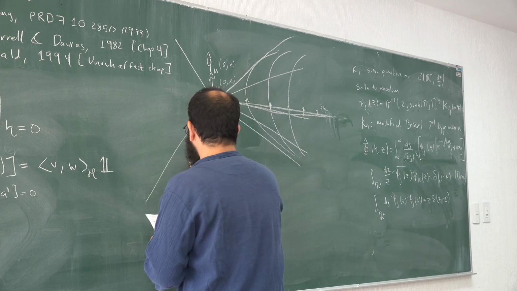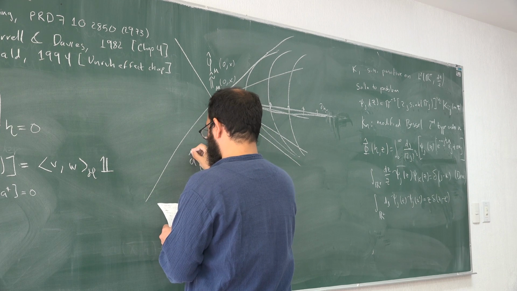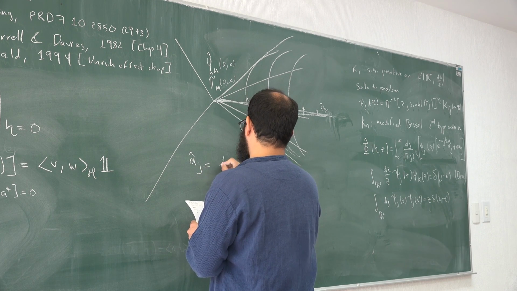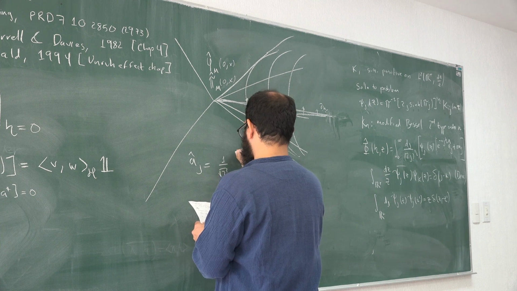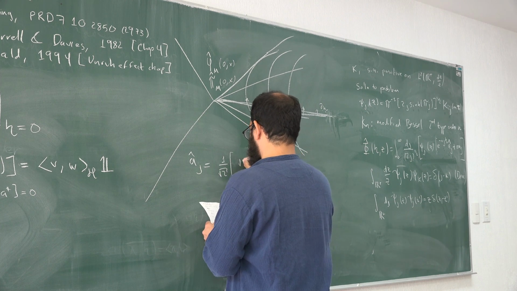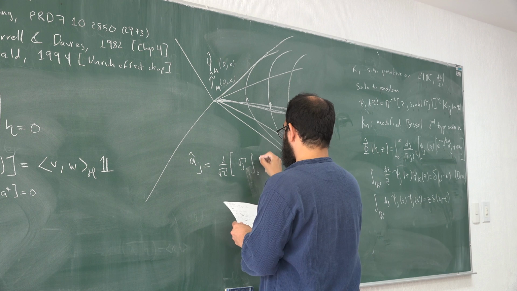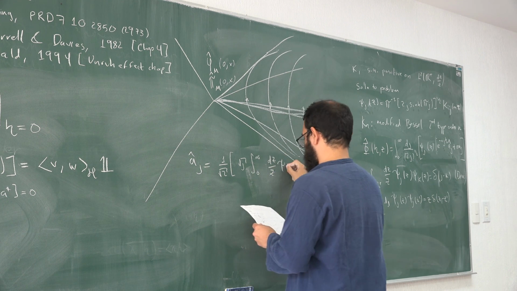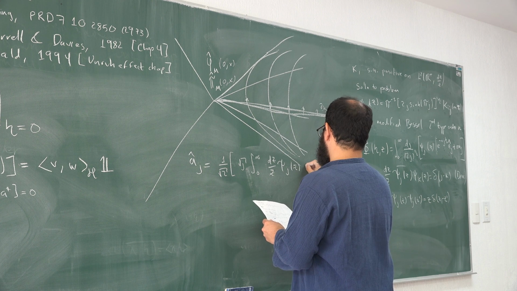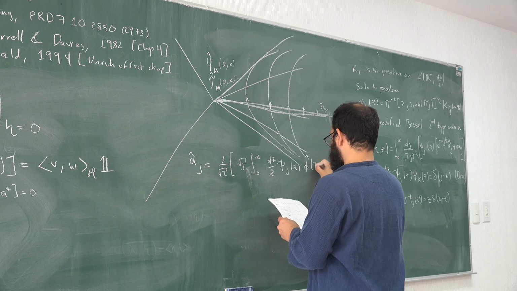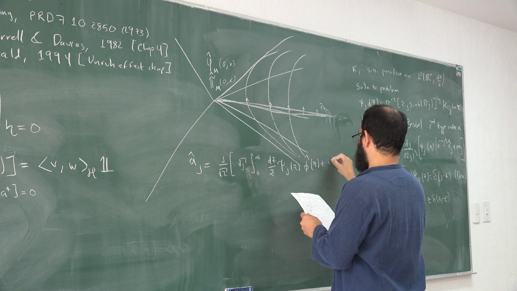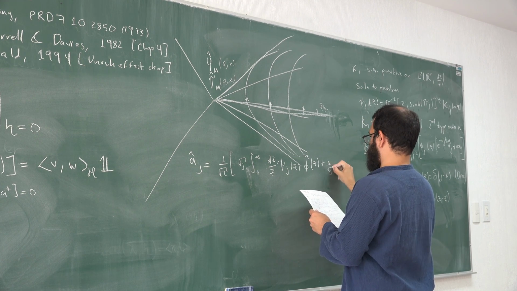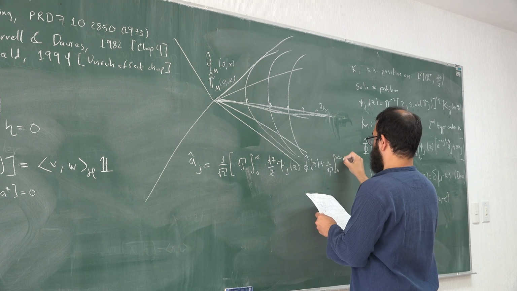In particular, using them, I get that A_j is equal to 1 over square root of 2 times square root of j, integral from 0 to infinity dz over z, plus i over square root of j, integral from 0 to infinity.